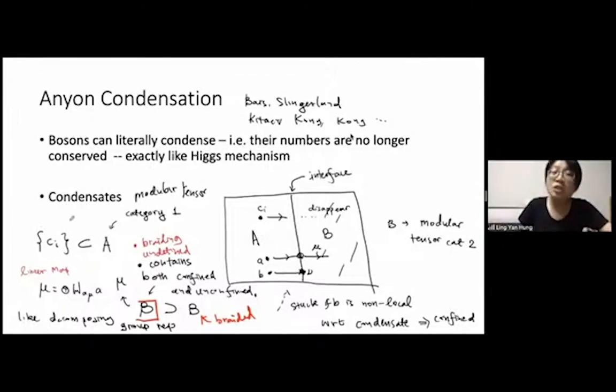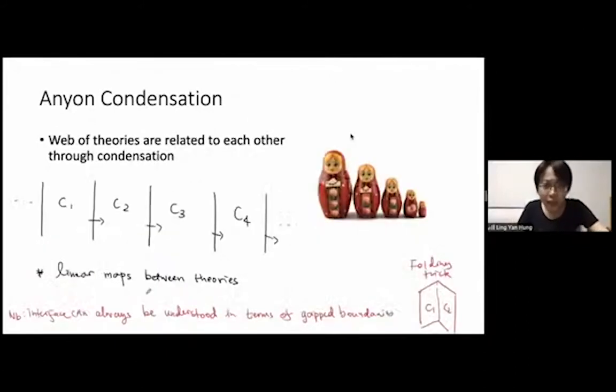It is also a mathematical process which connects several different theories. Some with braided structure, some without braided structure. Some preserving only some fusion structure. And so it's really like a Russian doll.